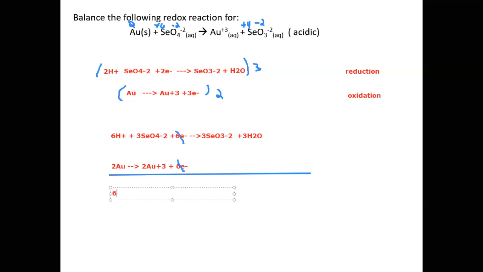So we have 6H plus 3 SeO4 2 minus plus 2 Au yields 2 Au 3 plus plus 3 SeO3 2 minus plus 3 H2O. And so you'll notice that the overall charge on this side is 0. The overall charge on this side, both sides are 0. So this is the balanced redox reaction.